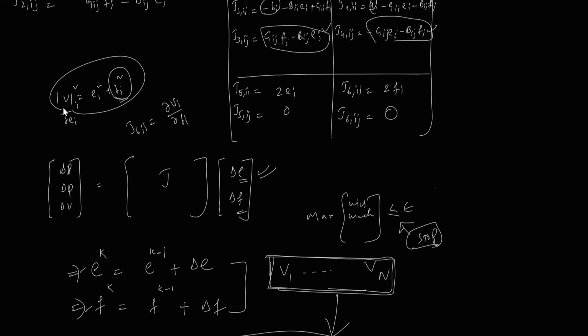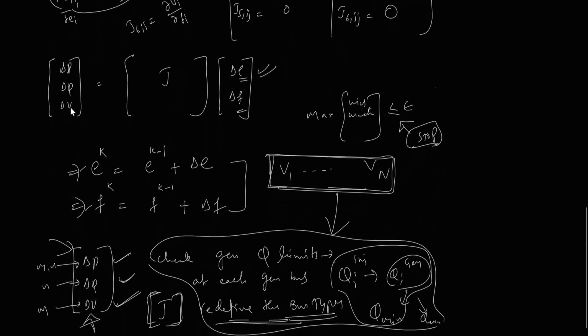Now for this Vi square, the corresponding mismatch vector here is the difference not of voltages but of the voltage magnitude squares, that is Vi specified square minus Vi calculated square, which is equal to del V square.